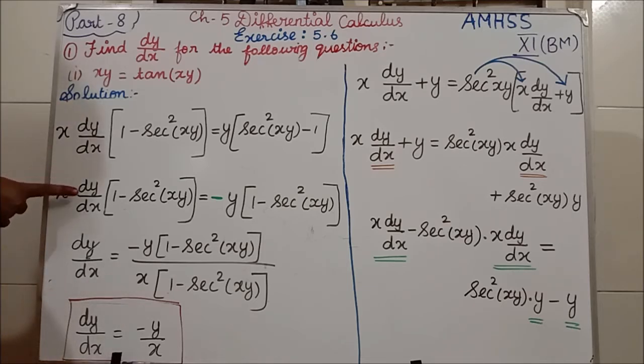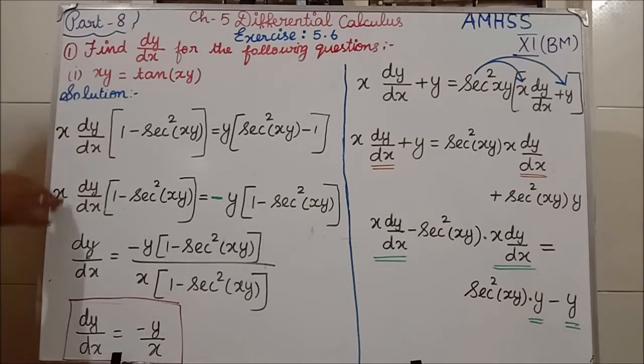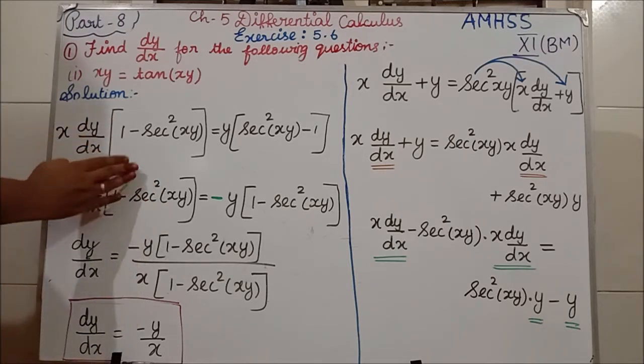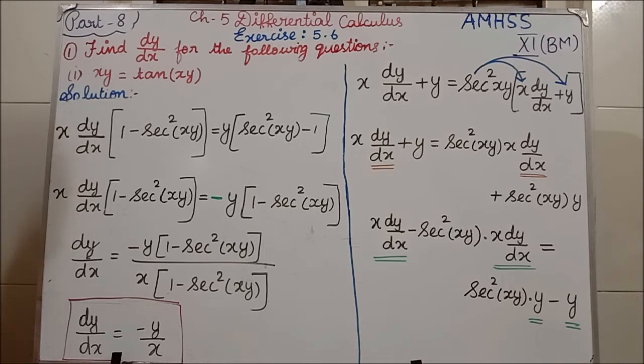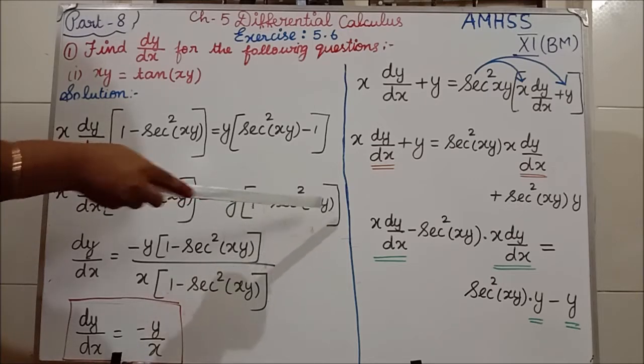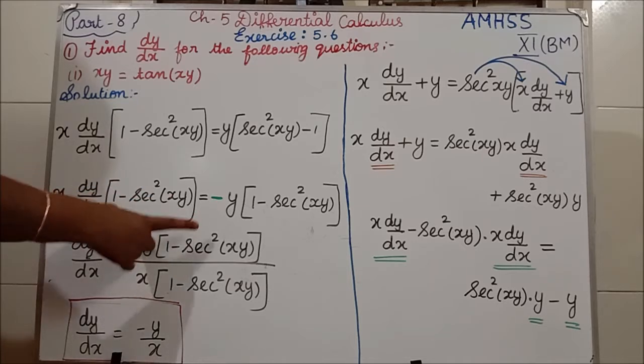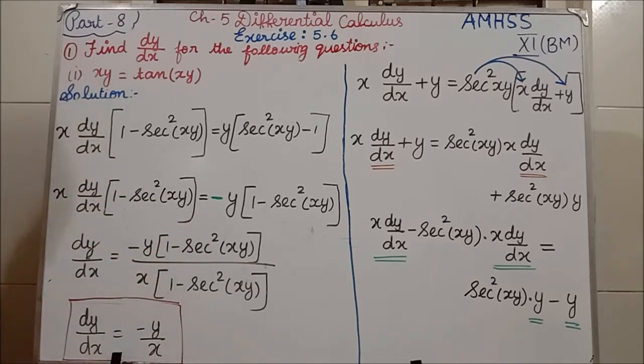So keep dy by dx alone on the left hand side, and bring all the remaining values to the denominator. In the numerator we have minus y into 1 minus secant square xy, and dy by dx I have written as such, because that is what we have to find, equal to x into 1 minus secant square xy, which went to the denominator.